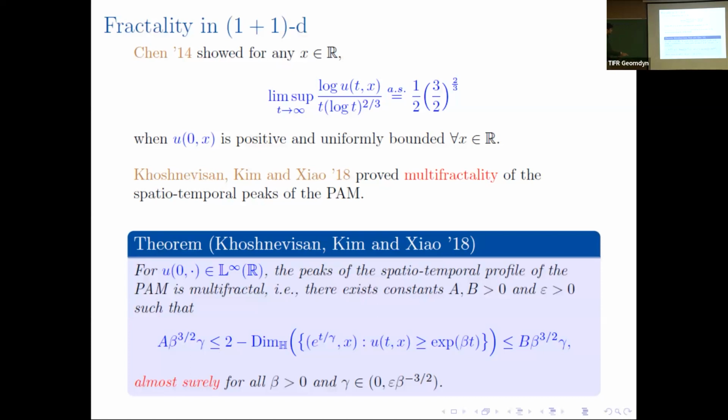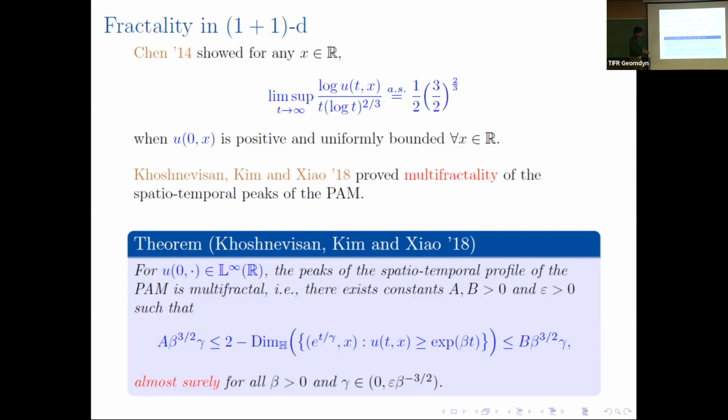And their result looks something like this. It again works with a very large class of initial data, and they showed that the peaks of the spatio-temporal parabolic Anderson model are multifractal in the following sense. They take the fractal dimension of the spatio-temporal level sets in this particular way. The choice of the gauge function is hidden in the way that I wrote it.